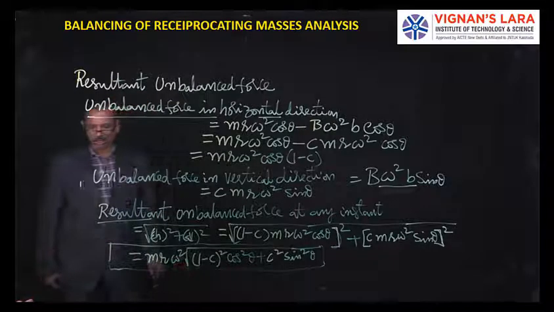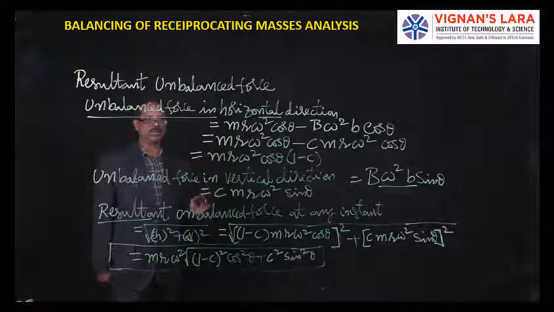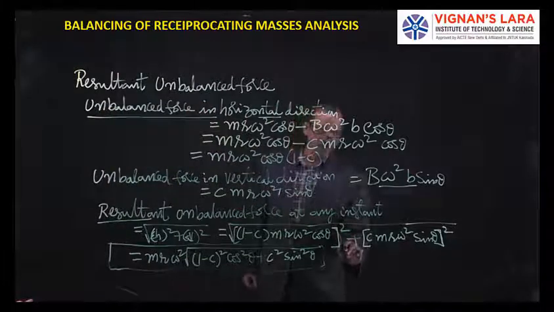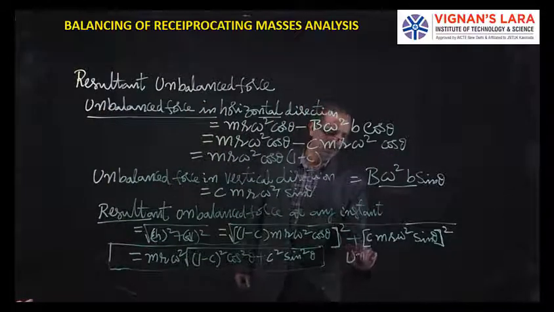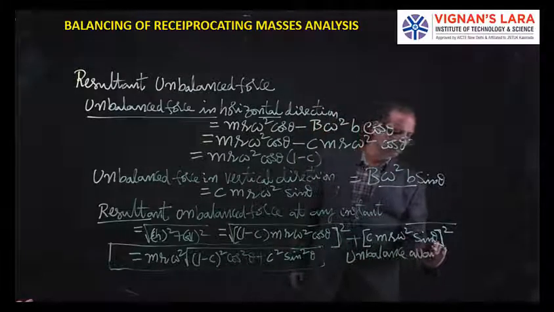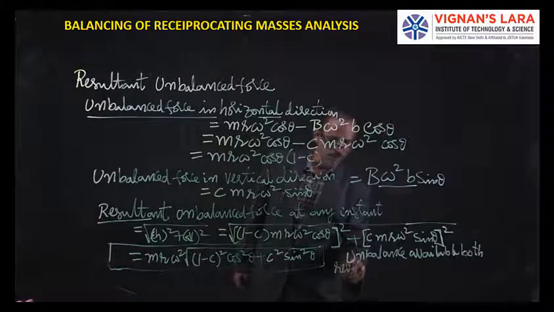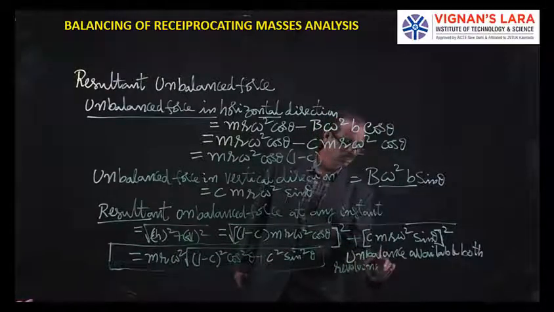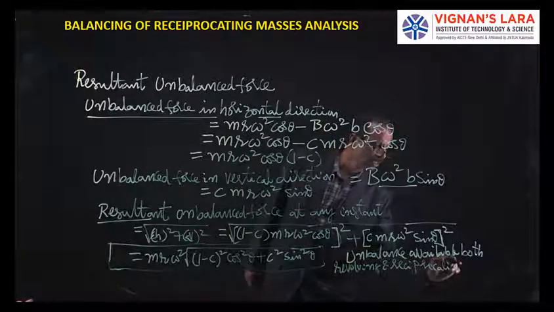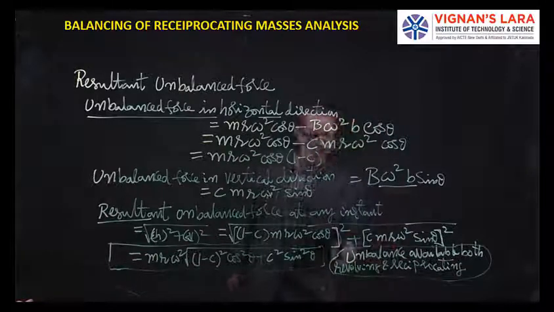And we have talked about the unbalanced primary force balancing due to reciprocating masses only. Suppose in case unbalance is available in both revolving and reciprocating masses, so both revolving unbalance and reciprocating unbalance are there.